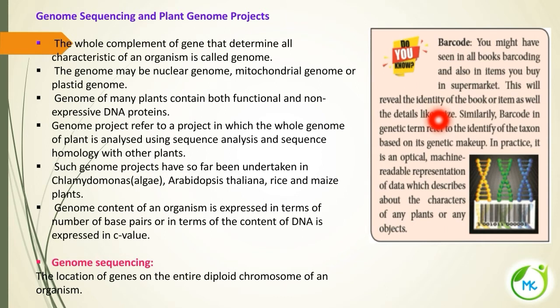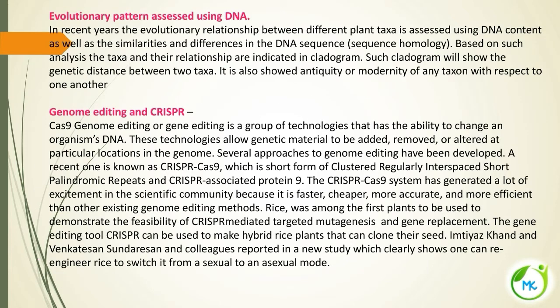Similarly, a barcode is also used in genetic terms, and when we read the barcode, we can find out the genetic makeup of an organism. So it is an optical machine readable representation of data, and this describes the characters of any plants or any objects. The next we are going to see evolutionary pattern assessed using DNA.